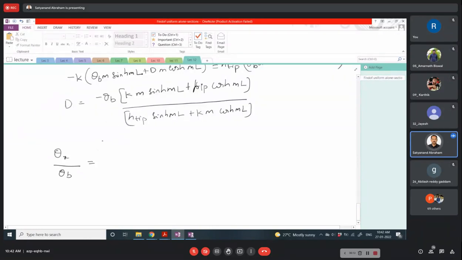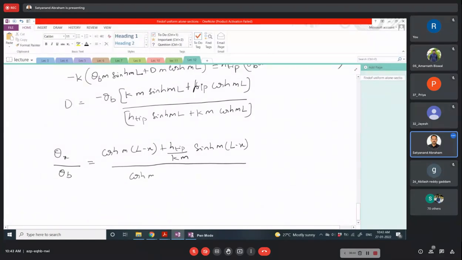The final equation we can write as cos h m(L minus x) plus h tip by km into sin h m(L minus x), divided by cos h ml plus h tip by km sin h ml.